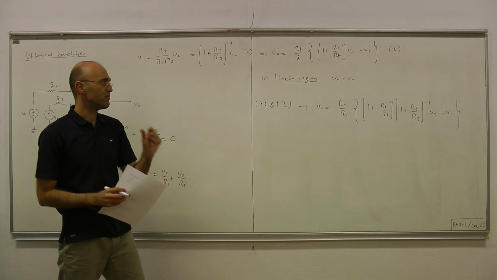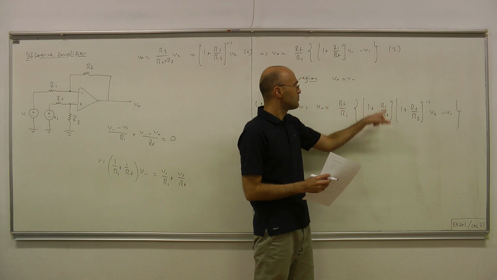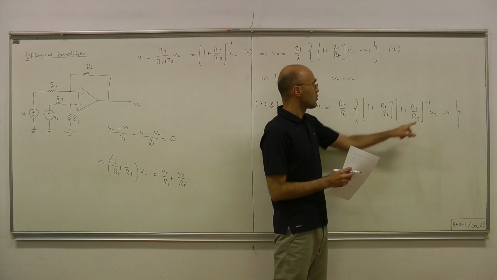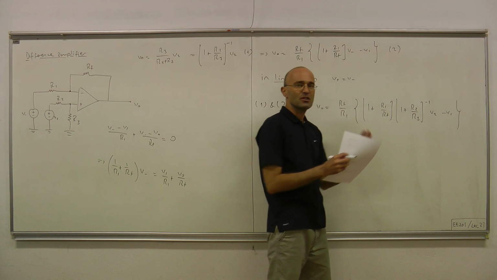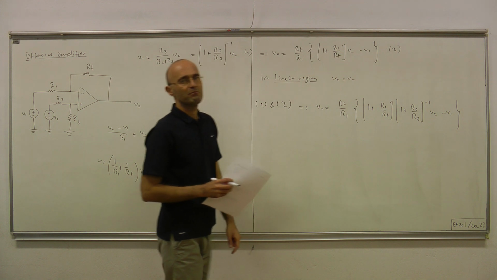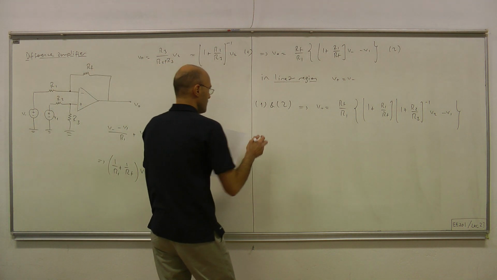And now if you want the pure difference, that is V2 minus V1, we can achieve that by designing the parameter values. If you let R1 over RF equal R2 over R3, then this and that cancel one another, and the whole thing becomes 1, and we have inside the brackets V2 minus V1.